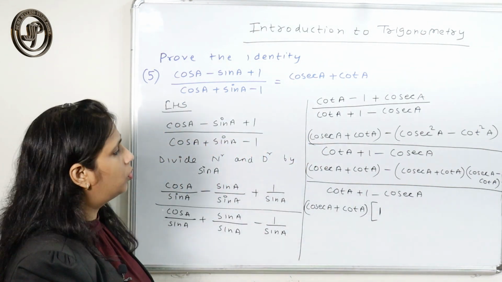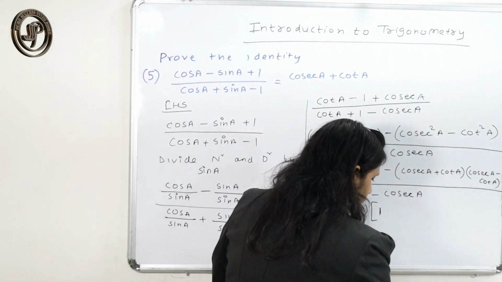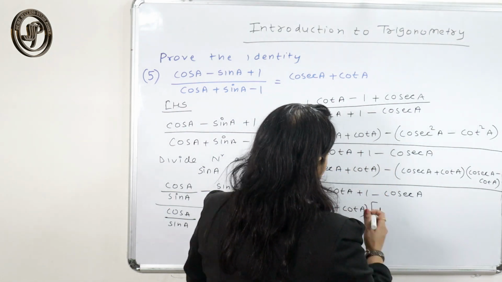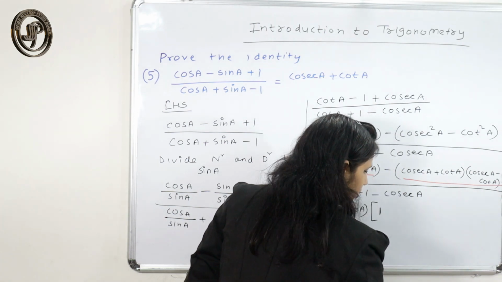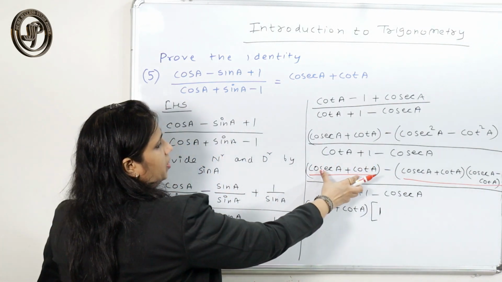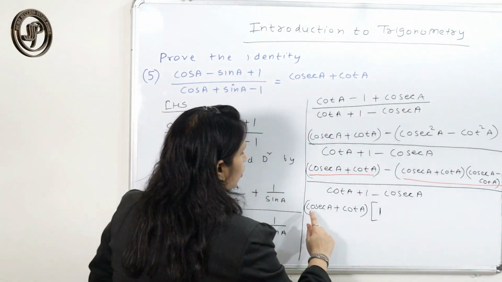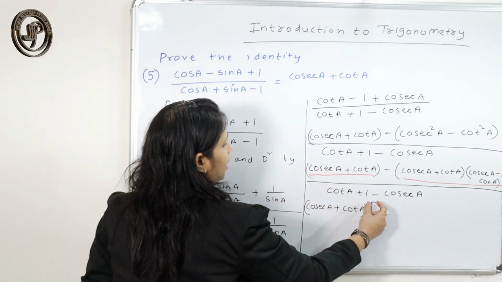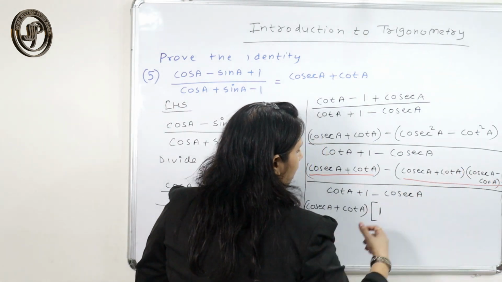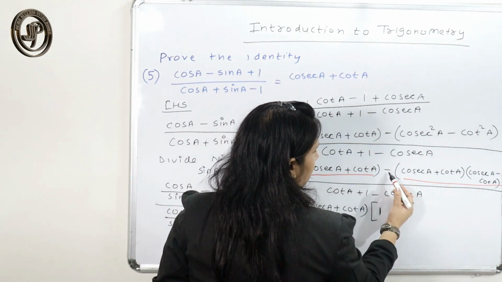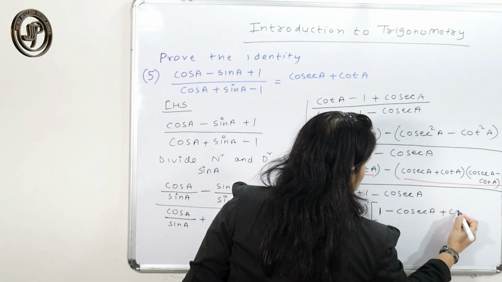And from the other bracket, if I take this out, I will be left with this, but here is a negative sign, so the sign changes.